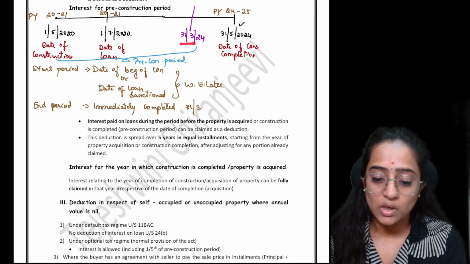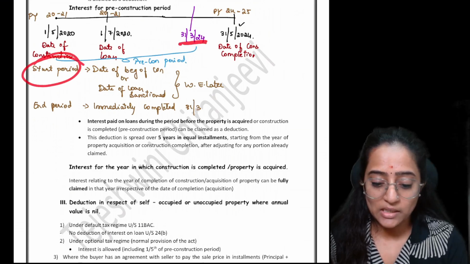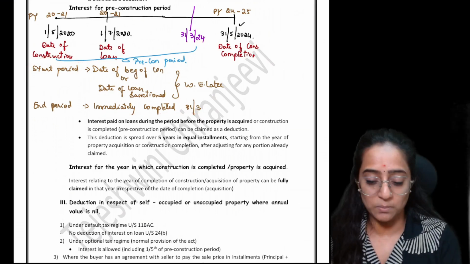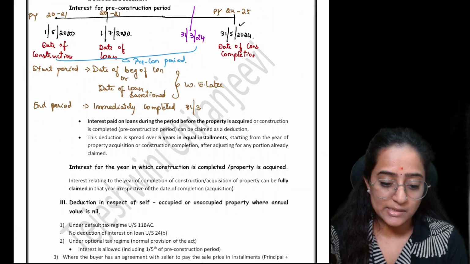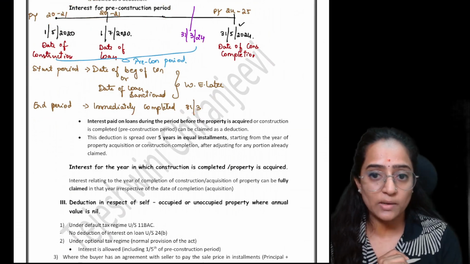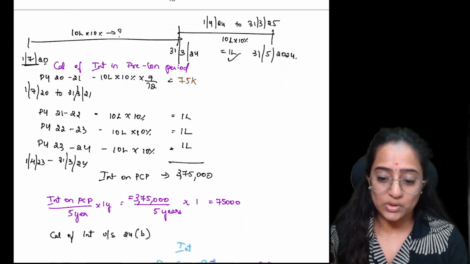So now what you will do is take right from the start date till the immediately completed 31st March, right before the date of construction completion. This will be the start and end date for you to take interest on the pre-construction period. Now let's do the calculation.